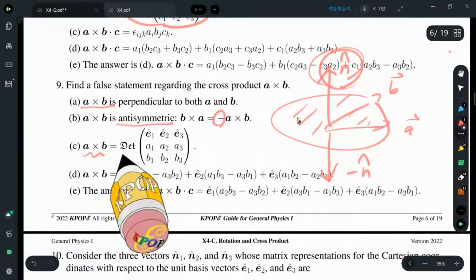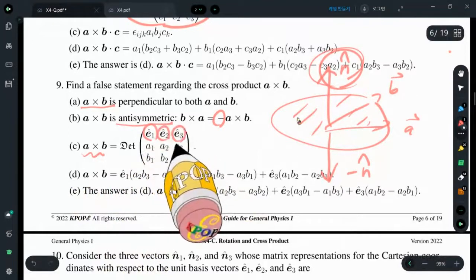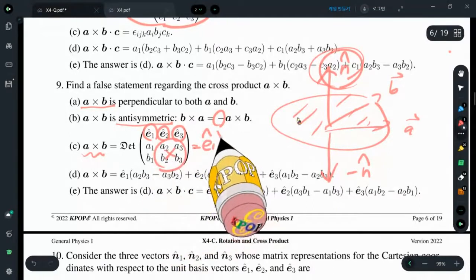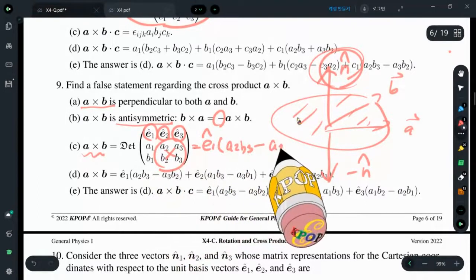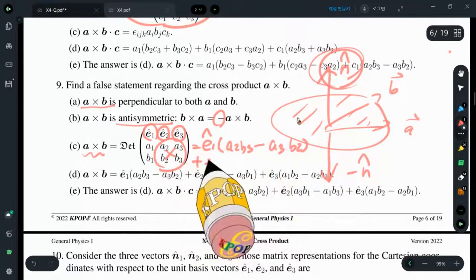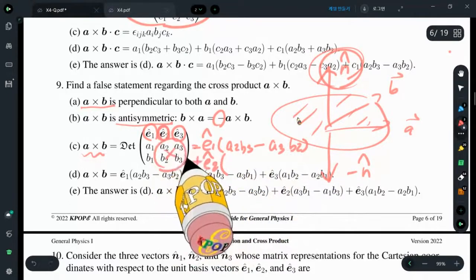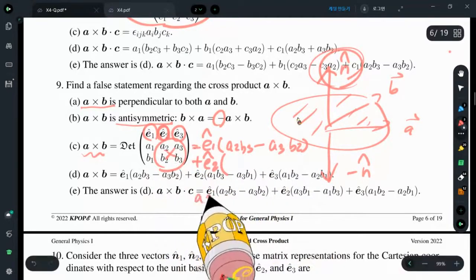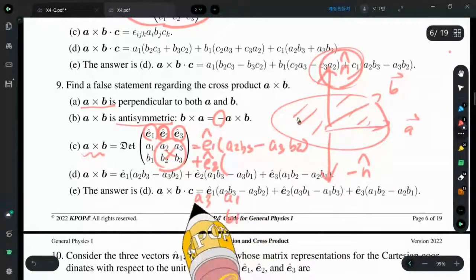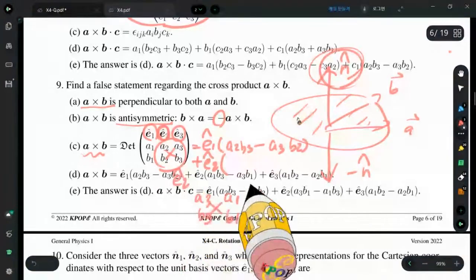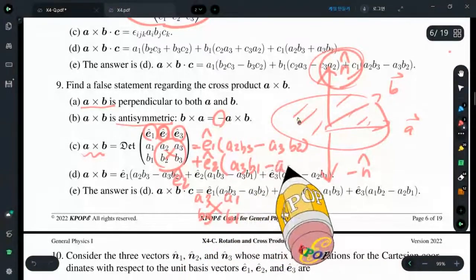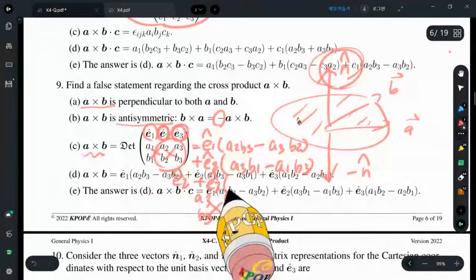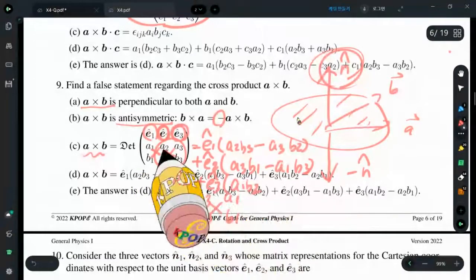A cross B can be expressed in terms of a determinant, and if we expand this, the first component is the determinant of this one, A2 B3 minus A3 B2, plus E2 times the determinant of, for example, A3 B3, A1 B1, that is A3 B1 minus A1 B3, and the E3 component is A1 B2 minus A2 B1.